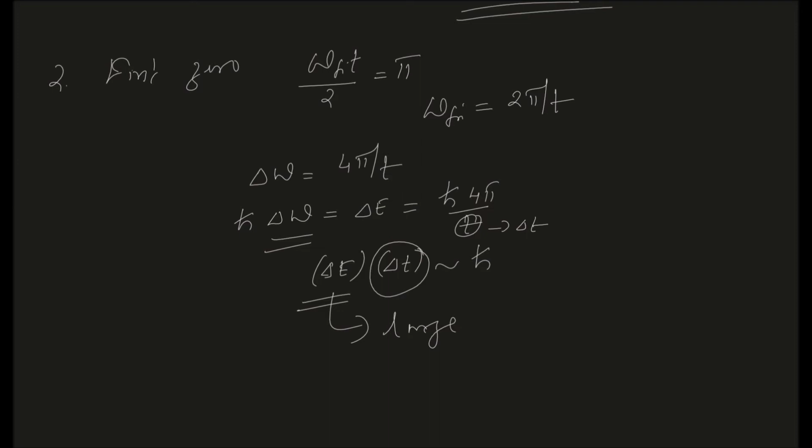But if the perturbation has been on for a very long time, then ΔE will be very small. Then we will have a very narrow peak, and approximate energy conservation is required for a transition to happen.